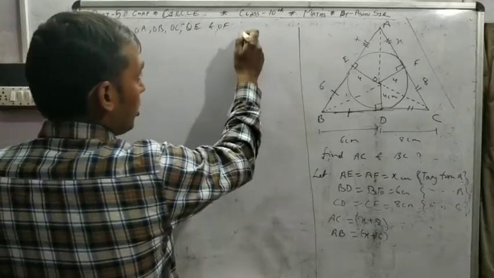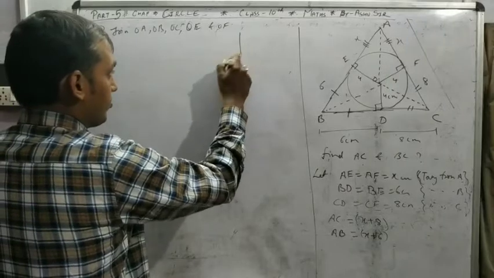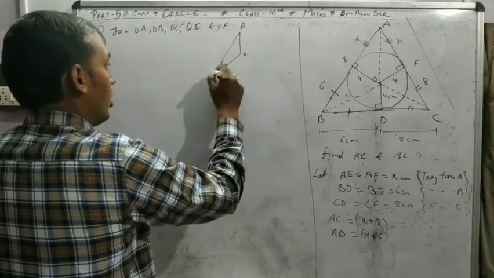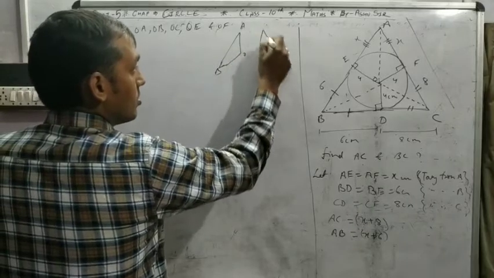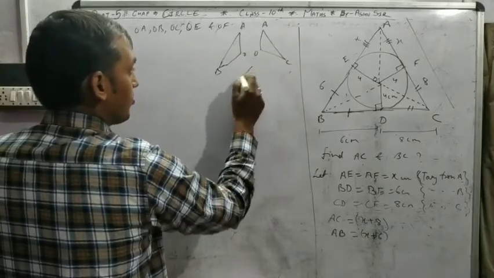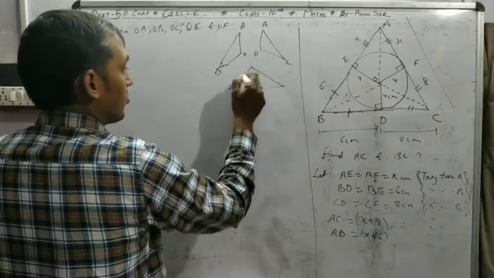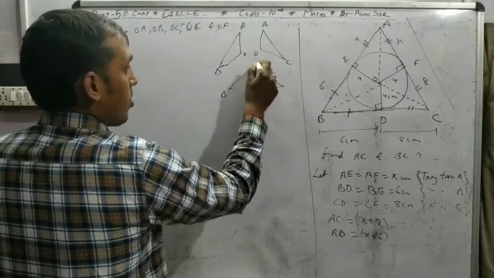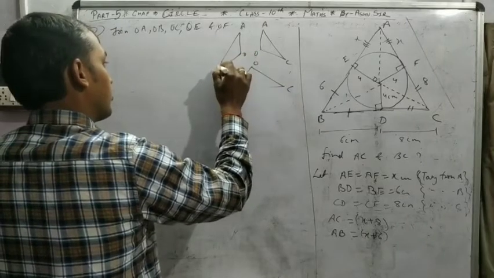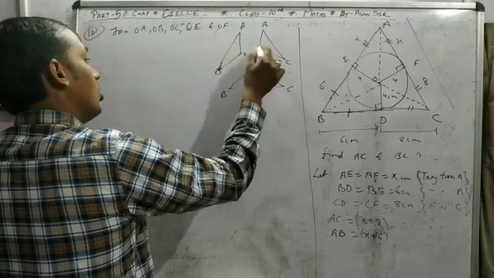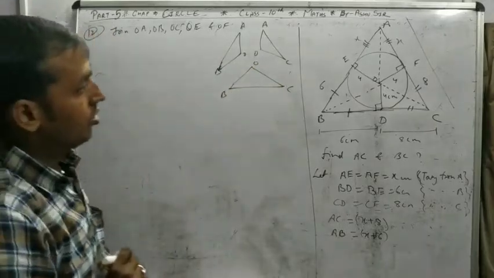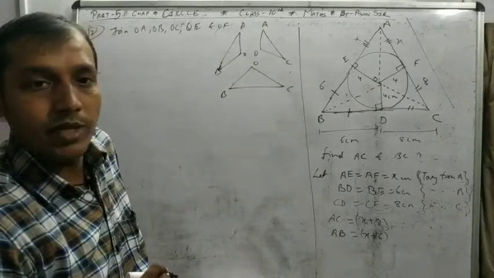You know, if you see, there are three triangles, AOB, AOC, BOC. So these all three triangles have area half base into height.